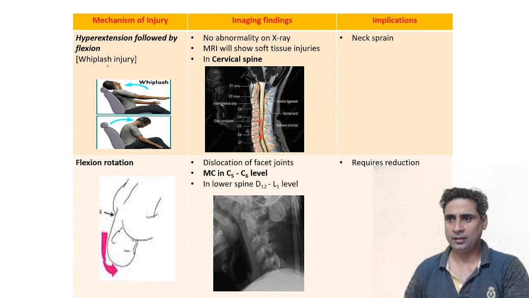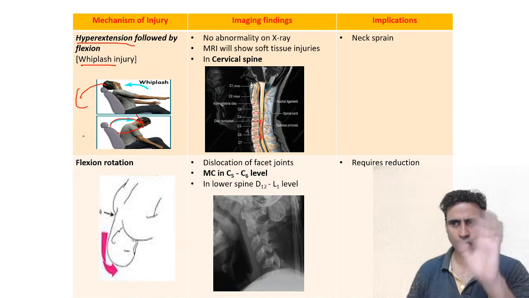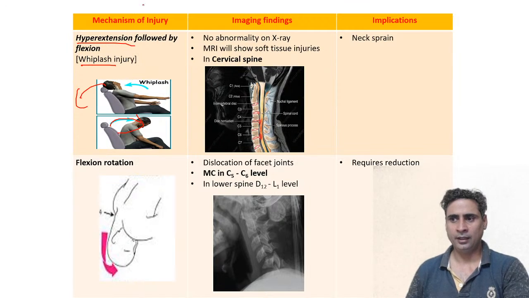The next injury is whiplash injury. There is sudden hyperextension followed by sudden flexion. So the mechanism of injury is sudden hyperextension followed by sudden flexion. Here there is no injury to bone, only injury to soft tissue elements, ligaments and spinal cord. That is why it is also known as neck sprain, as there is no bony injury.